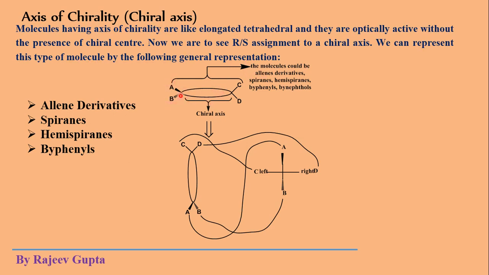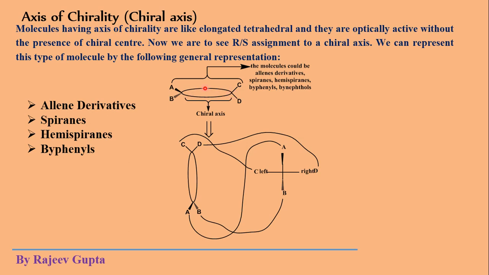Suppose A and B, which are present as wedge and dash in this structure, if we directly attach to this, then we get a tetrahedral structure.